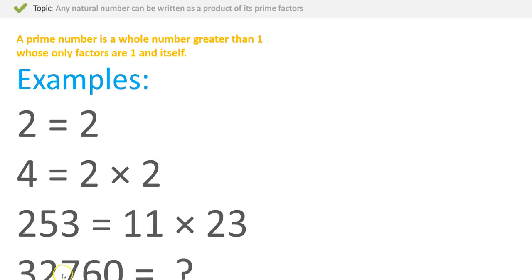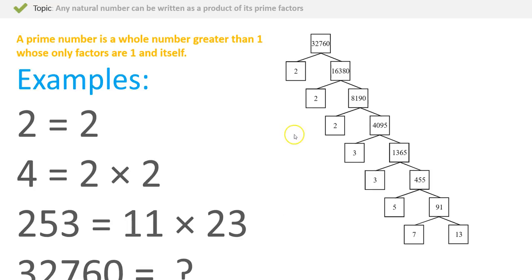Now let's take an example of 32760. Can we represent that as a product of prime factors? And the answer is yes. You can divide 32760 by 2 and you get 16380.